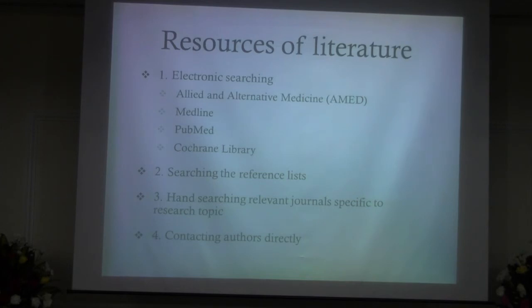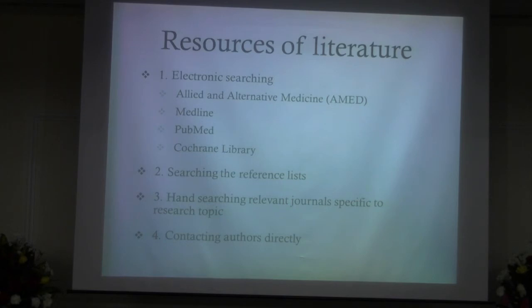Searching the reference lists. You're reading a book, and then at the back there are references, a whole whack of references about the articles of a particular topic you just read in that chapter. That can be a starting point as well. And then you can go and search each article in a particularly designated journal, like Journal of Head Trauma.